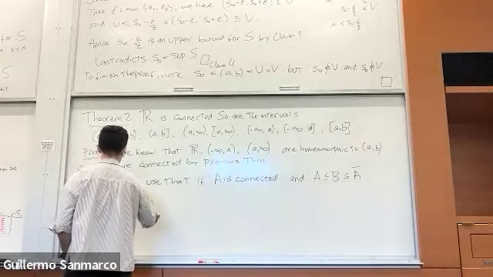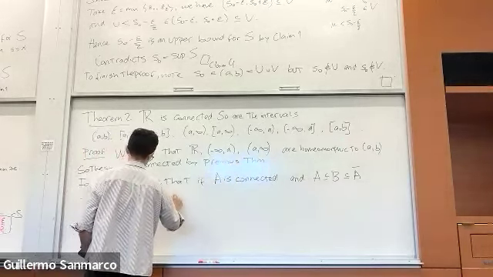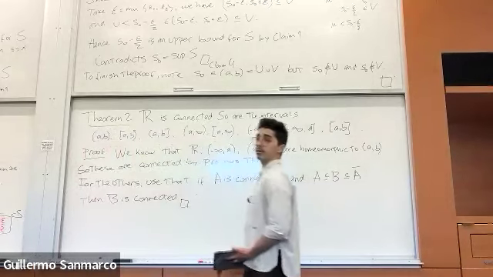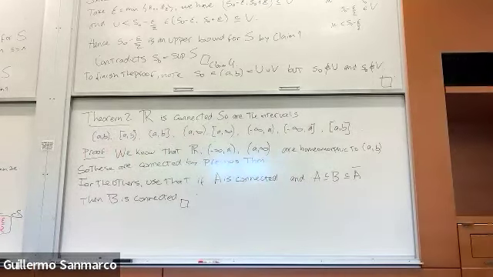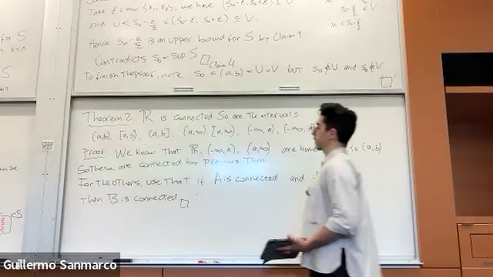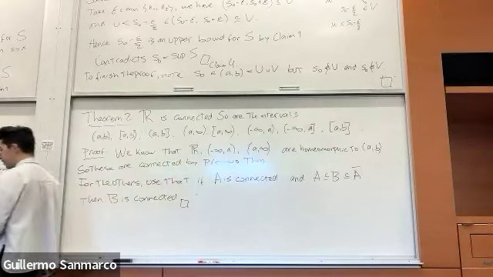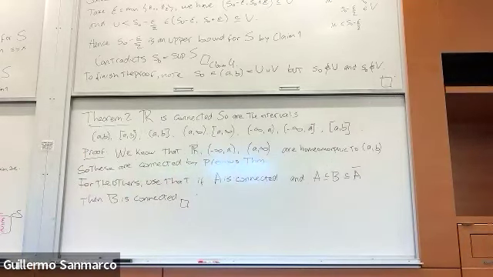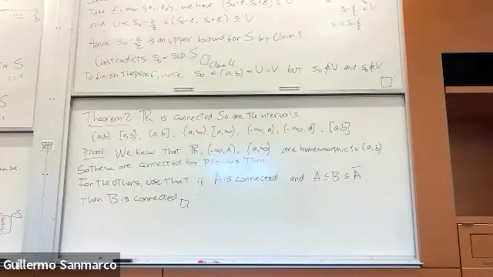This we proved last time. Okay, so these are the first interesting examples of connected spaces that we have. Weirdly enough, these are the first examples. Any questions about that?